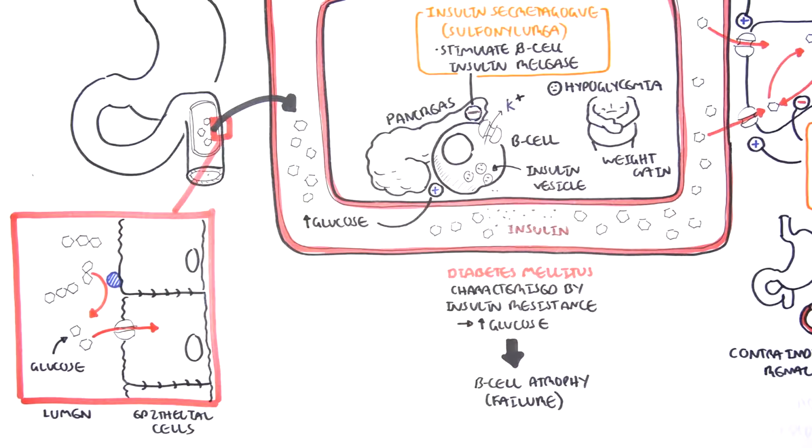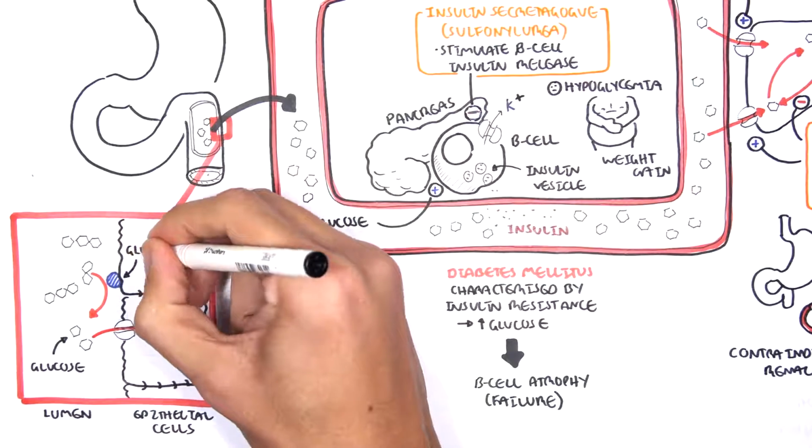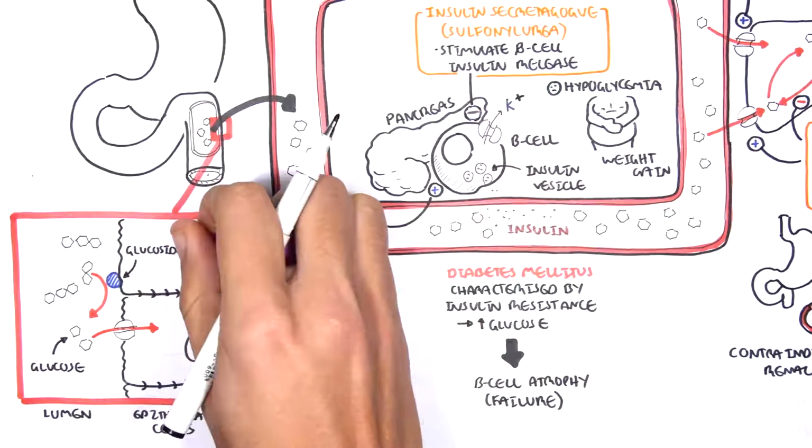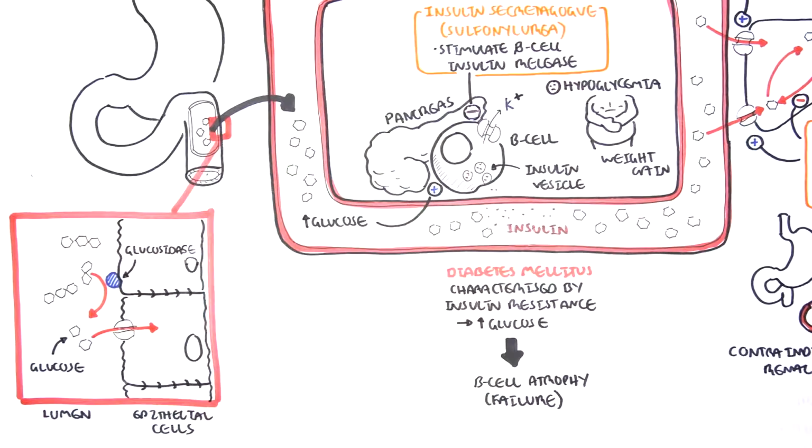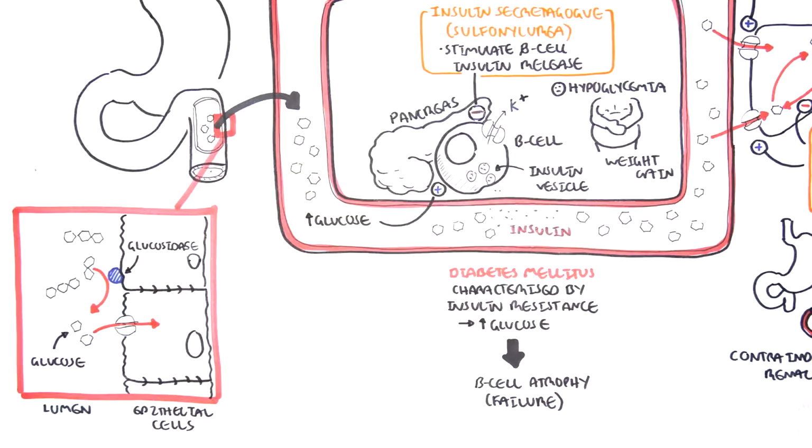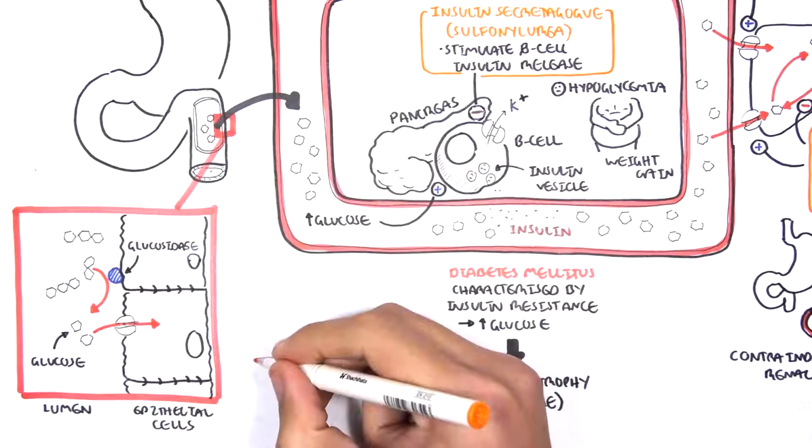Glucose is what is being absorbed and enters the blood. The enzymes responsible for the final breakdown of carbohydrates, especially disaccharides in the small intestines, are these brush border enzymes called glucosidase. And these are present on the apical surface of the small intestinal cells.